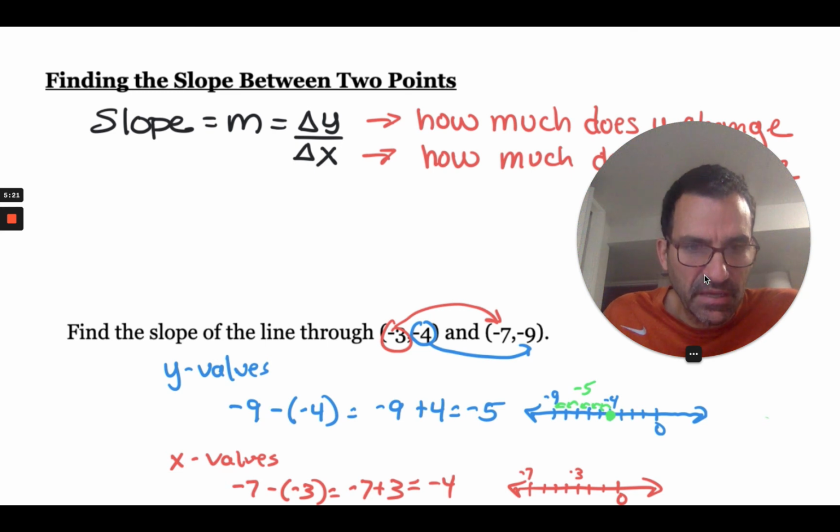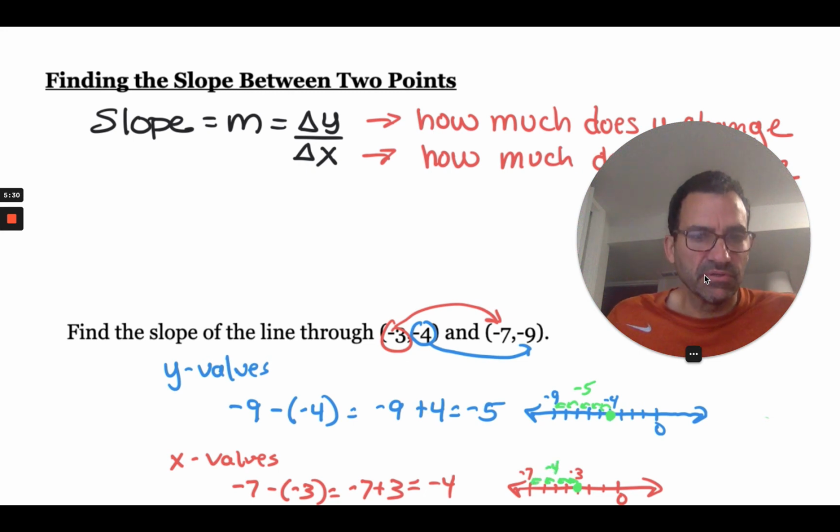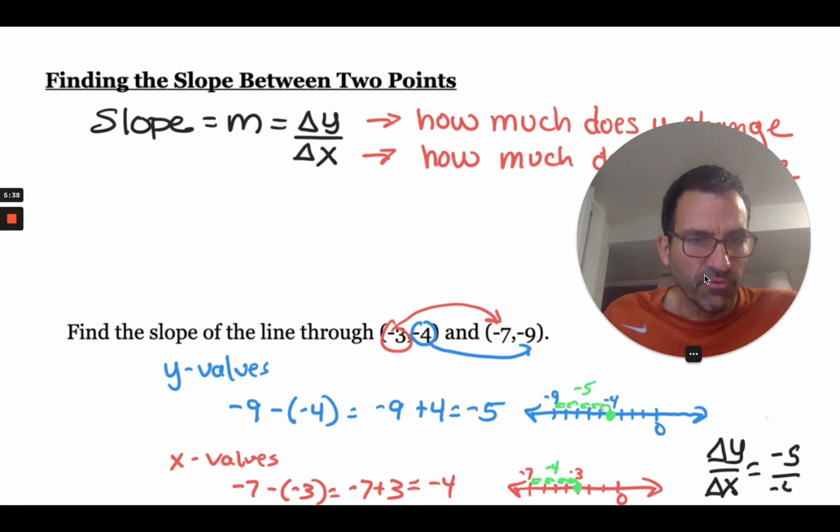If we start at negative 3, we go down 1, 2, 3, 4 units. So my change of x is negative 4. So the slope, change of y all over the change of x, would be negative 5 divided by negative 4. Negative divided by negative is a positive, so it is 5 fourths.